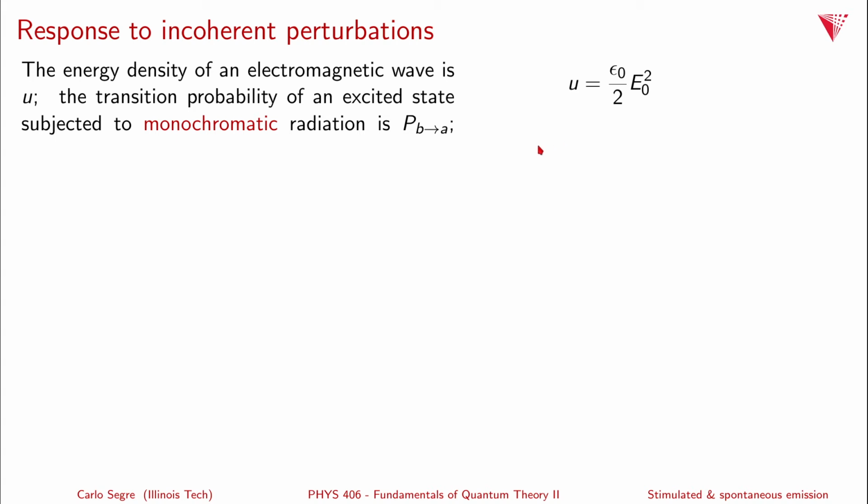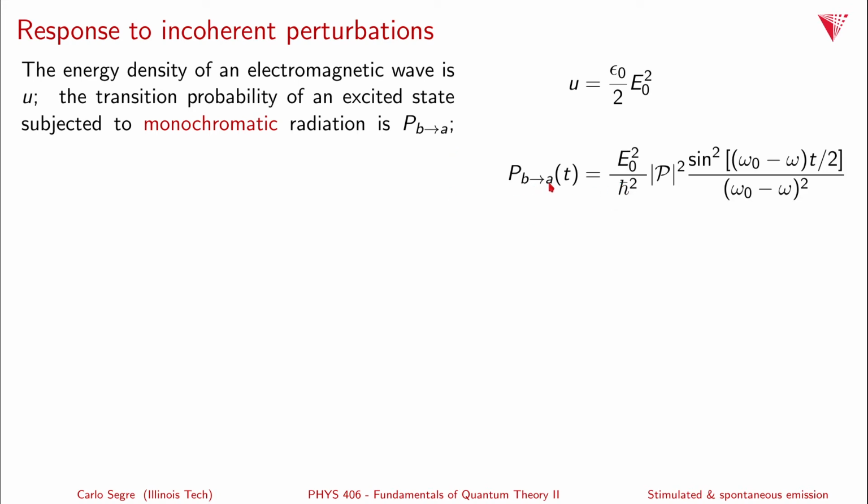We also know the probability of an excited state doing stimulated emission under a monochromatic radiation perturbation, which we calculated before.